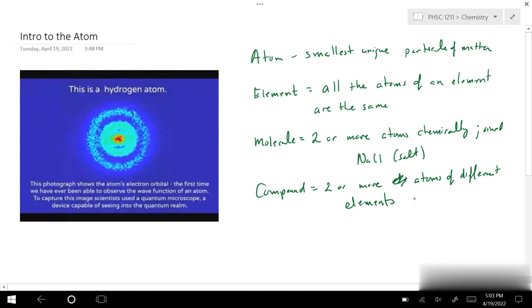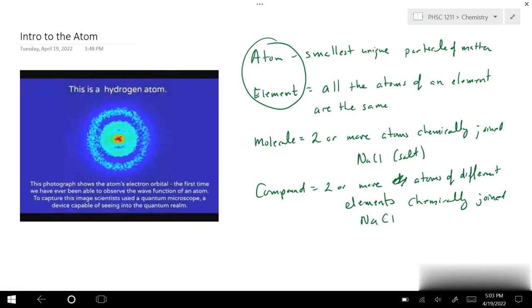I'm going to give you some videos to help you with the definitions. Molecule and compound sound very similar: two or more atoms chemically joined, or two or more atoms of different elements chemically joined. Even some places will put sodium chloride down here. I am not going to test you on molecule or compound. I am going to focus on atom and element as far as what I test you on. But I want you to be familiar with the vocabulary as we're going through.